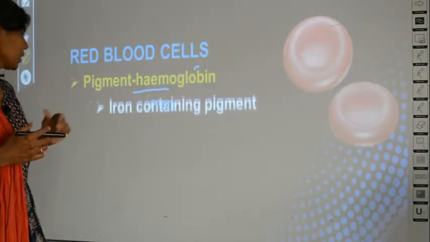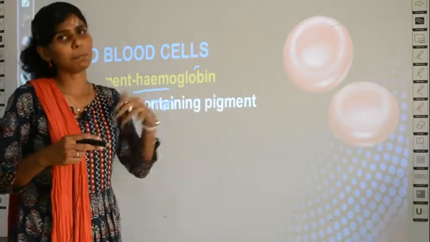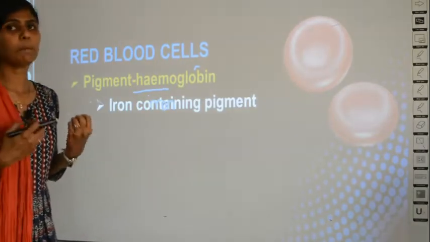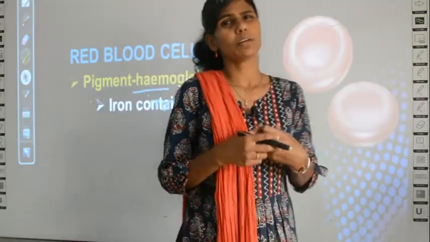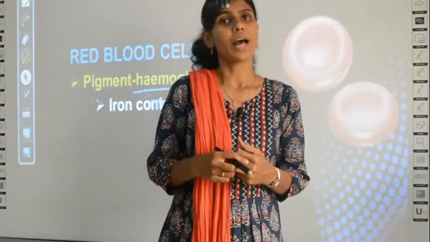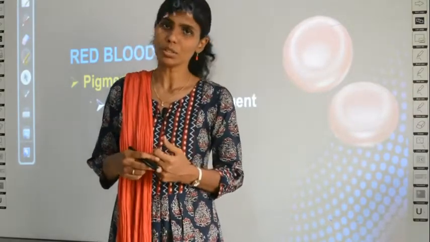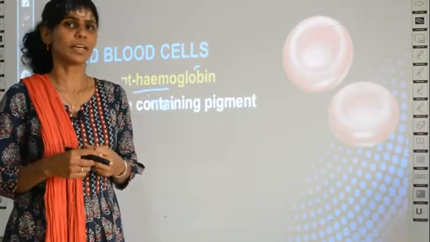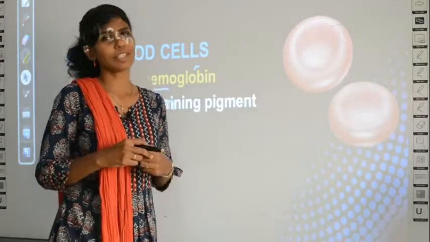And some more properties of red blood cells. I told you they are iron containing pigments. When you take in more iron sources like liver, it gives you more iron content, and leafy vegetables also give you more iron. Specialized foods can supply more iron to you, and dates also have a high content of iron.